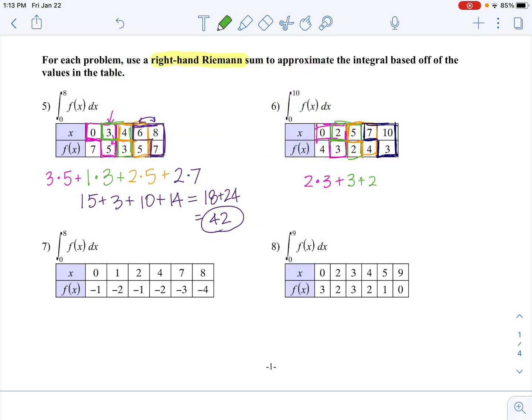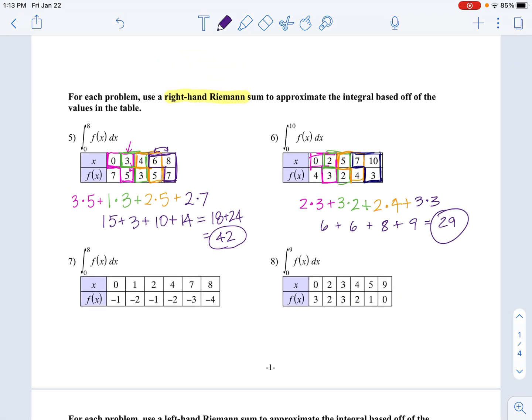My green interval is 3 units wide, 2 units tall. And then my orange interval is 2 units wide times 4 units tall. And then very lastly, purple, 3 times 3. Okay, so I've got 6 plus 6 plus 8 plus 9. These are more like numbers you would see in a non-calculator part, something very manageable by hand. And I've got 29 there.